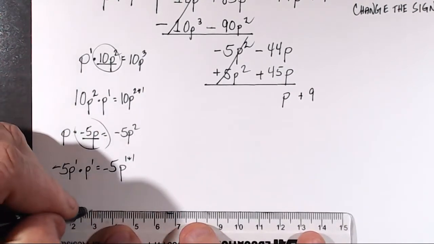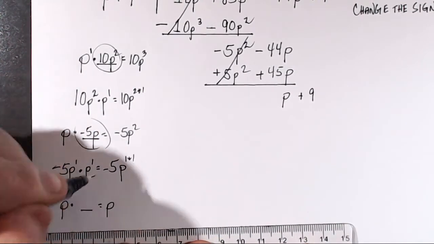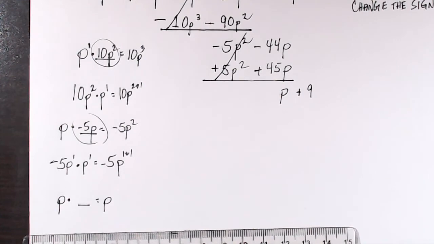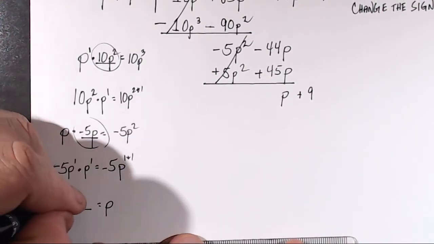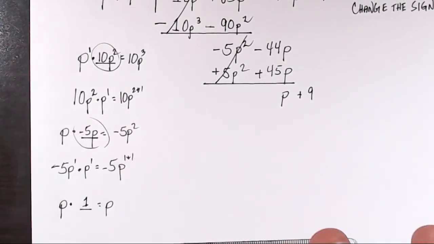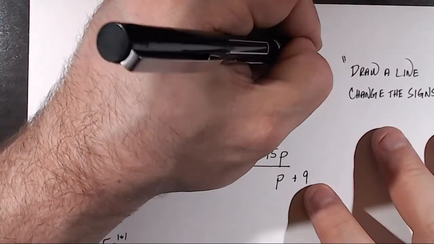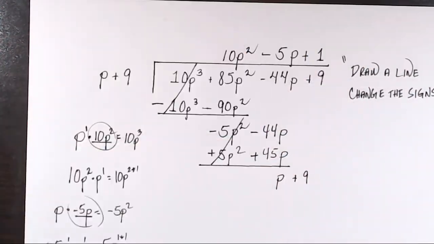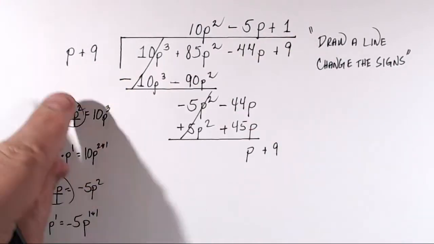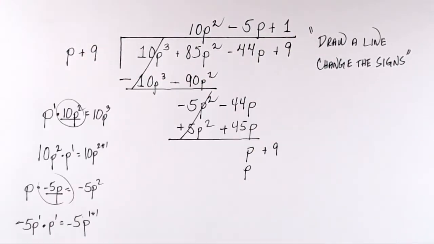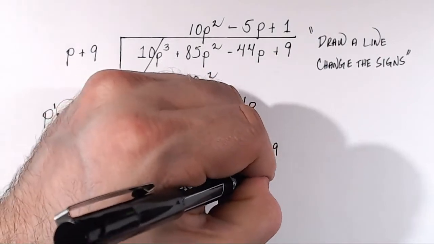P times what equals p? It sounds like, well, that's stupid. No, you got it right: 1. P times 1. So that's the thing I'm going to put up here: positive 1. Multiply through. 1 times p is p. 1 times 9 is positive 9.